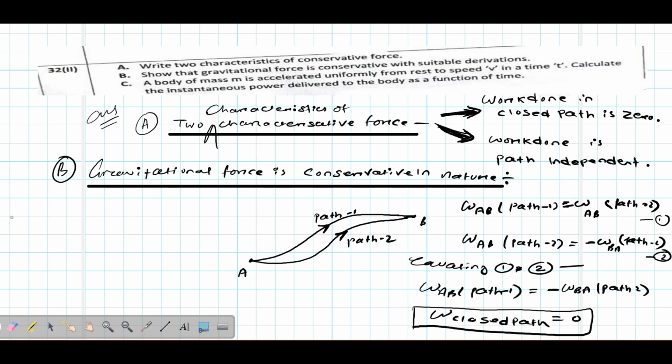For bit C: a body of mass m is accelerated uniformly from rest to speed v in time t. Calculate the instantaneous power delivered.